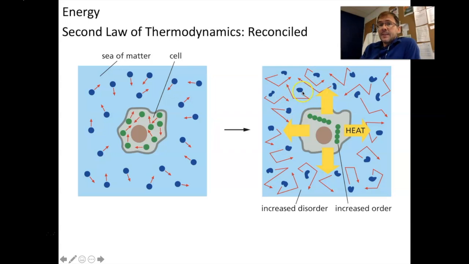And heat increases disorder in that system as molecules begin to migrate around more chaotically. So heat is bringing chaos to the system, which can offset the organization that's entailed by the building of macromolecules. Right? So even though it looks like the system is creating order, more broadly, there's increased disorder.